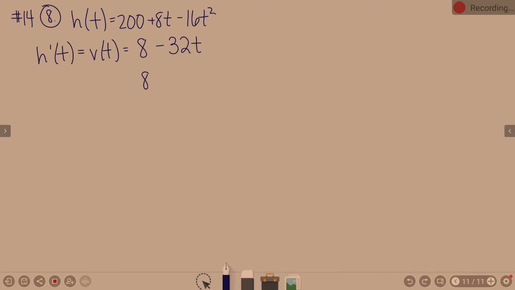And so we're going to set 8 minus 32t equal to 0. Subtract my 8 over. Divide by negative 32. And 8 divided by 32 is going to be 1/4. And this again was when velocity equals 0.